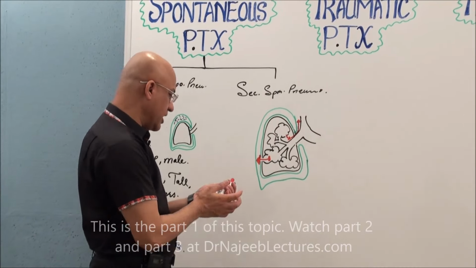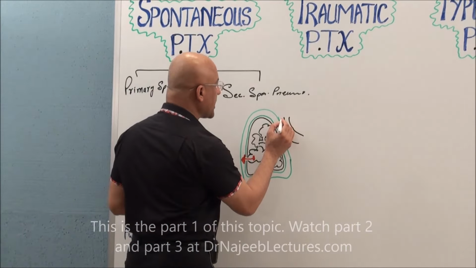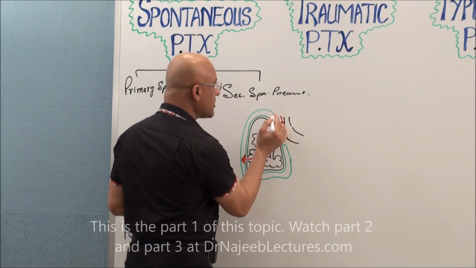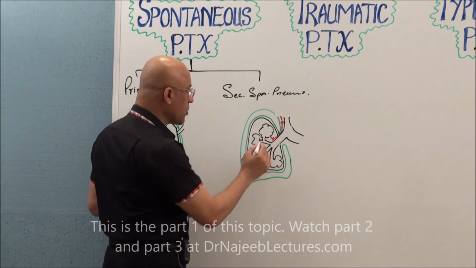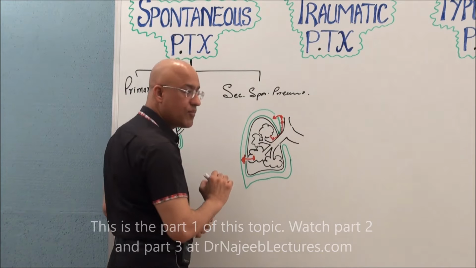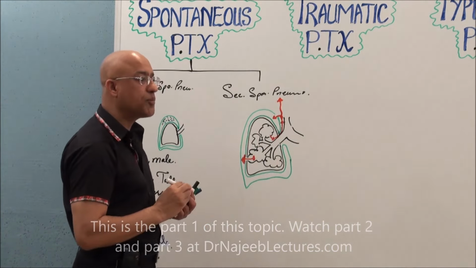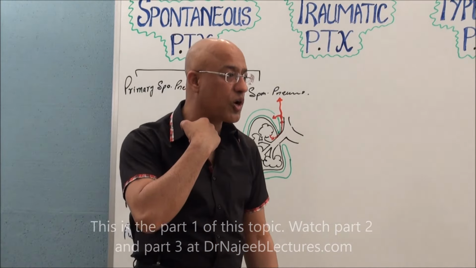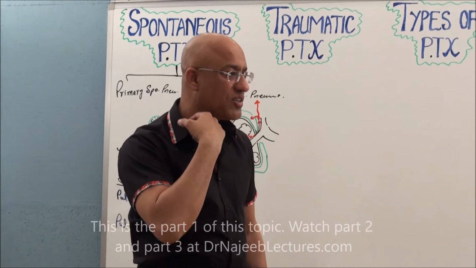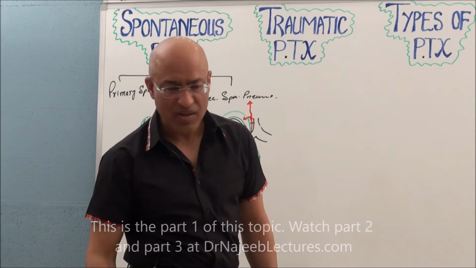And through the mediastinum, it may produce a rupture in, what is this? Parietal pleura, and may enter here. Or it may go towards the neck, and this air may escape into subcutaneous tissue. We call it subcutaneous emphysema.